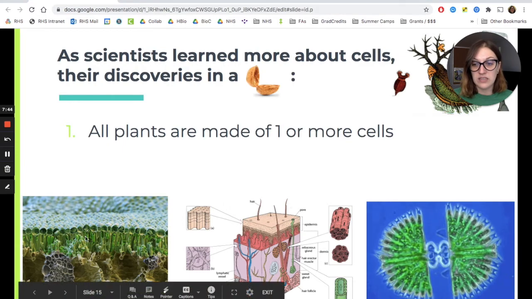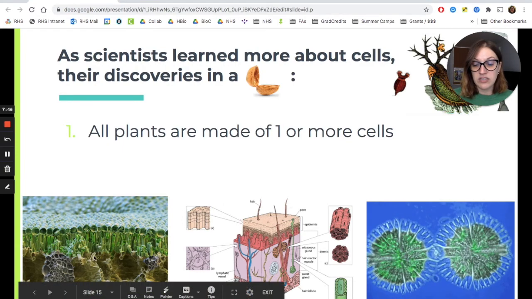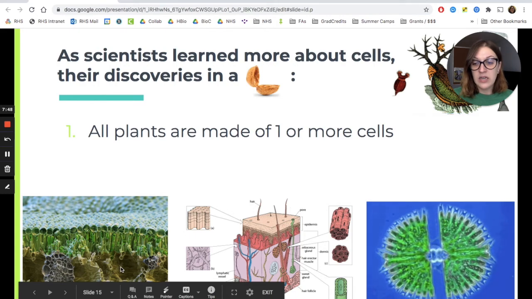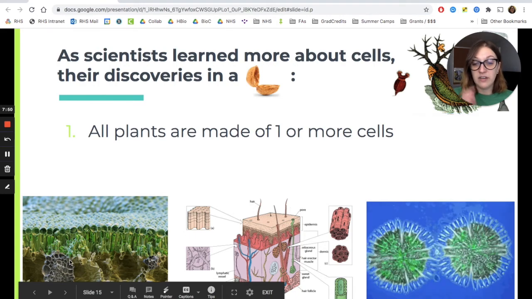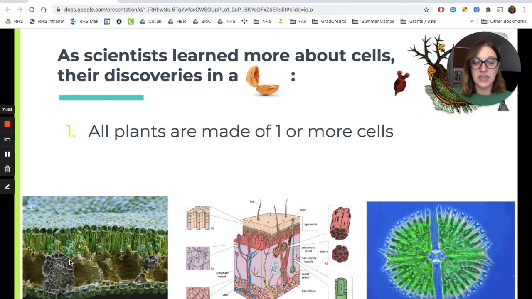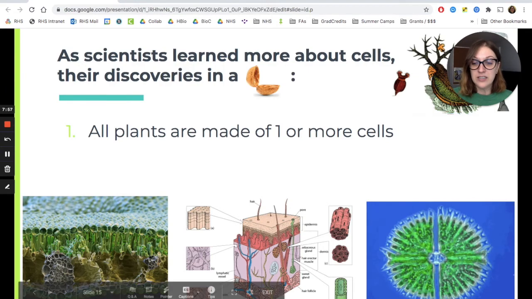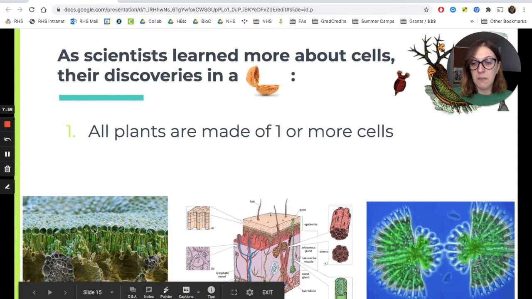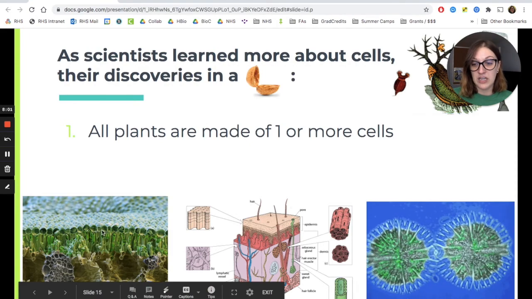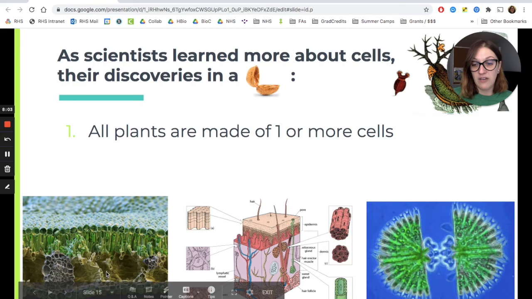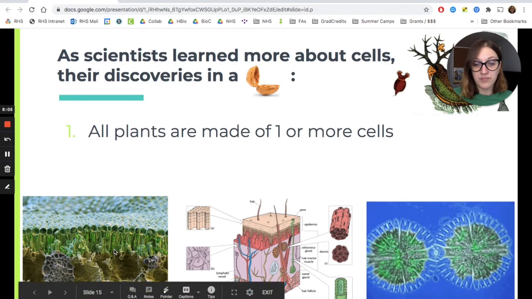So each of these is a cell, and notice that all of these cells worked together. Now this is an image using a very advanced microscope that Matthias Schleiden would not have had access to in the 1600 or 1700s, so keep that in mind. But this is a real advanced microscopic image of a cross-section of a plant.